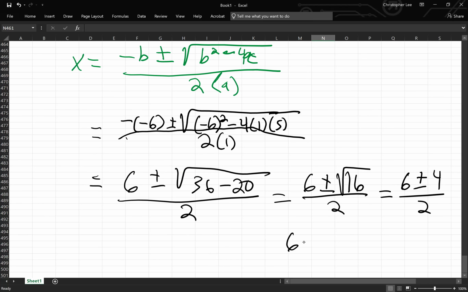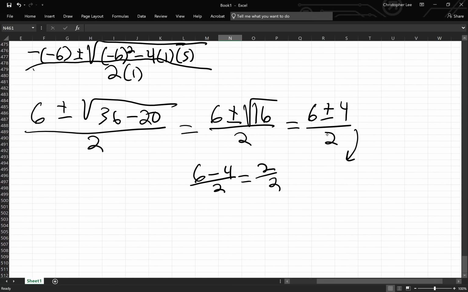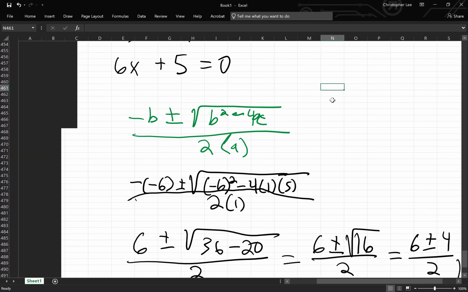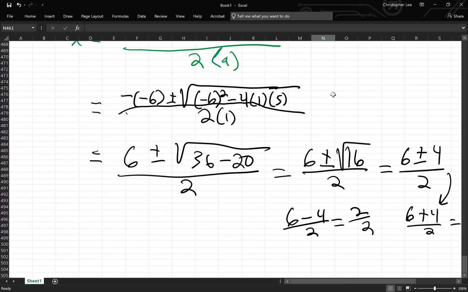One answer is going to be 6 minus 4 over 2, and the other one would be 6 plus 4 over 2. 10 over 2, the answer is 5. So that's how we would solve these. Just plug in the numbers and that's it. The hardest part of this question was putting it in standard form.